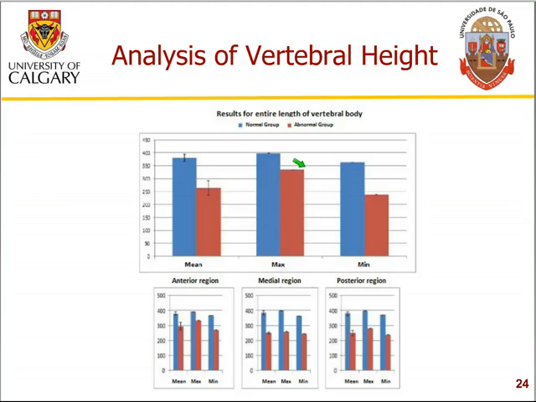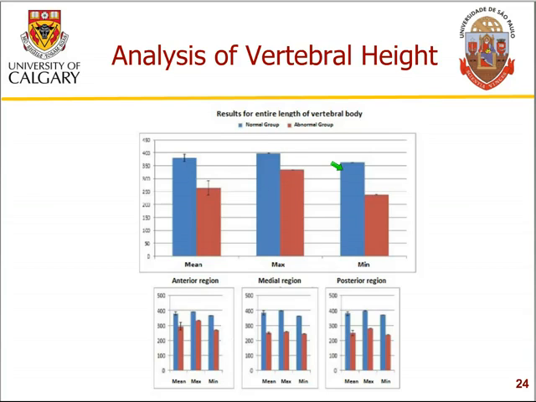Okay. So here, this plot now, or the series of plots illustrates the differences in the mean height for the entire vertebral body, for the normal group in blue, and for the cases with fractures in red. So as you can see, the mean for all of the vertebral bodies in the normal and abnormal groups differ substantially.